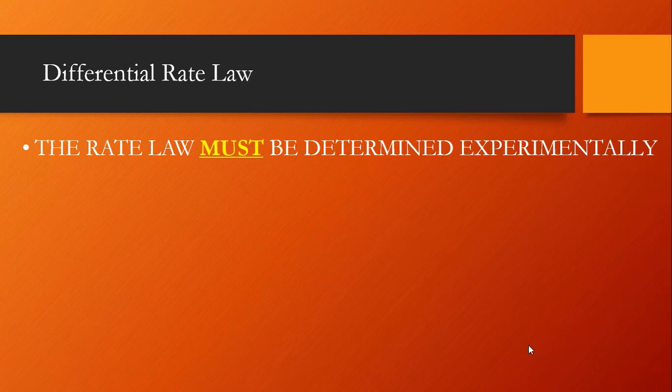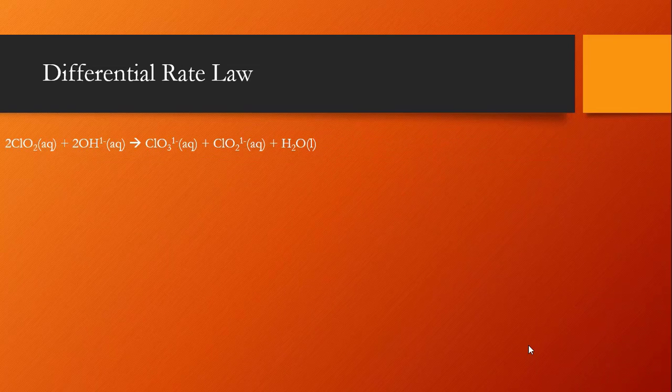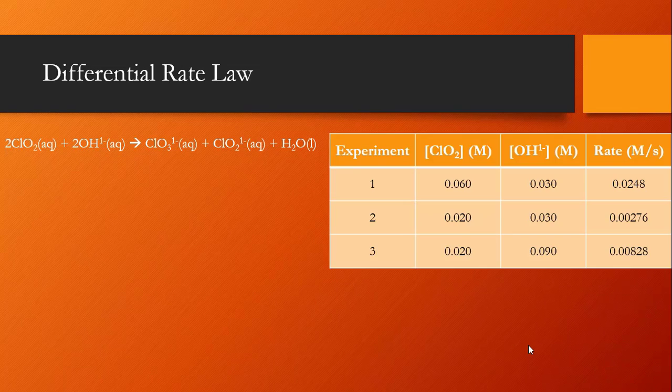The best way to do this is with an example. So let's take this equation, and you would be given a data table that looks something like this, where you're given the concentrations of the reagents and what is called the initial rate under those conditions. You set up the generalized equation, rate equals k, in this case the ClO2 raised to the m, the hydroxide raised to the n.